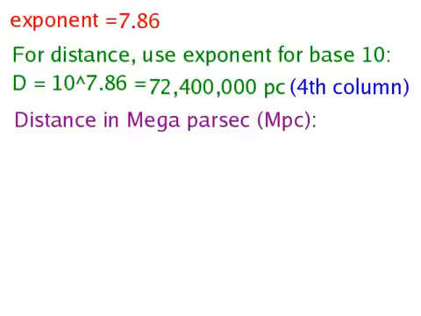Okay, and the abbreviation of megaparsec would be a capital M and then lowercase pc for the parsec. Now, mega is a prefix, and I don't know if you remember what it stands for. The prefix mega stands for 10 to the 6th.